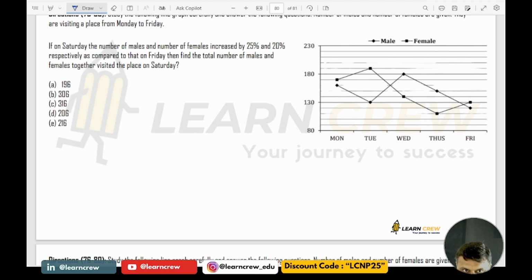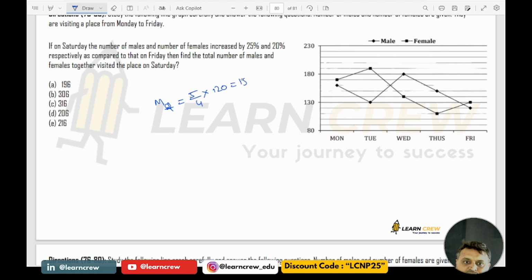Next question. If on Saturday the number of males and number of females increased by 25% and 20% respectively as compared to Friday. So here number of males on Saturday would be 25% more than on Friday, 120.